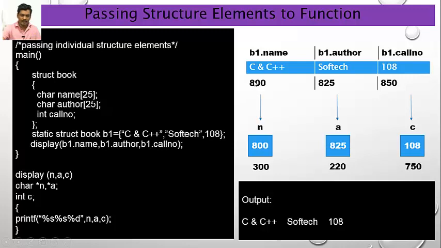That 800 is a character address. So in the formal argument, we declare a character pointer variable.